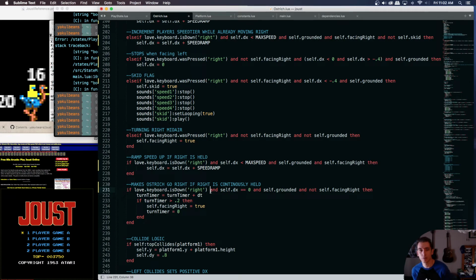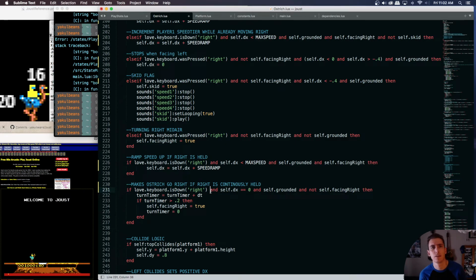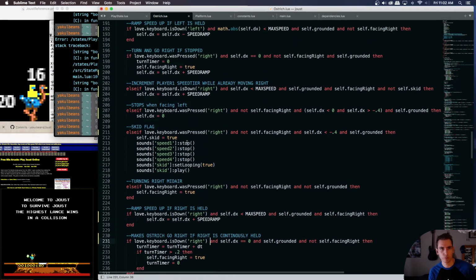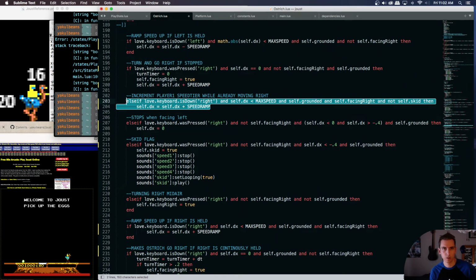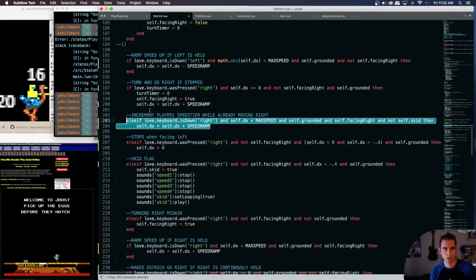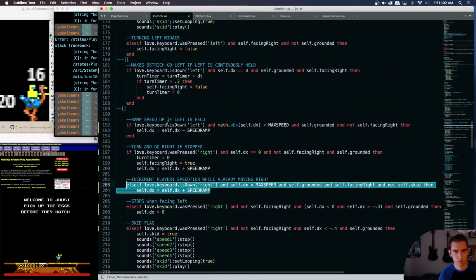But since it's still incrementing, so where is that? Because the problem is, I'm pretty sure the problem is this one is executing because I'm holding down right.